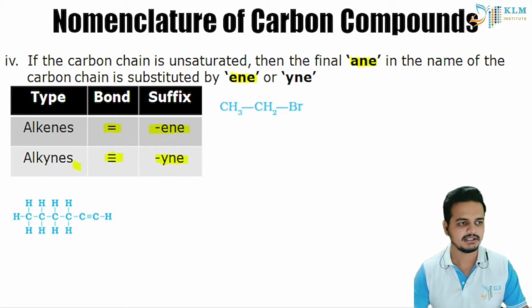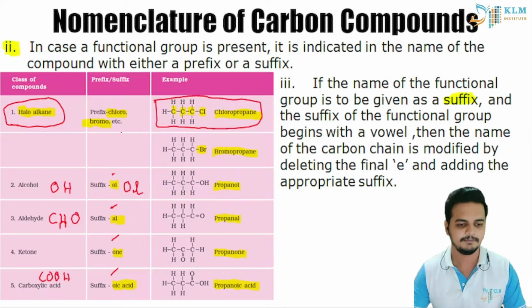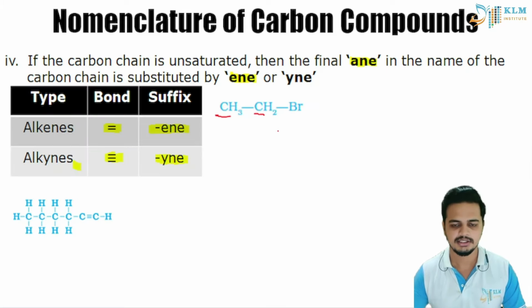You can see here. So we'll try to name this compound right here. First, study the number of carbon atoms. 1, 2. So what does the table say we should name it? We should name it ethane. Okay. Ethane. And now we will see what is the functional group present.